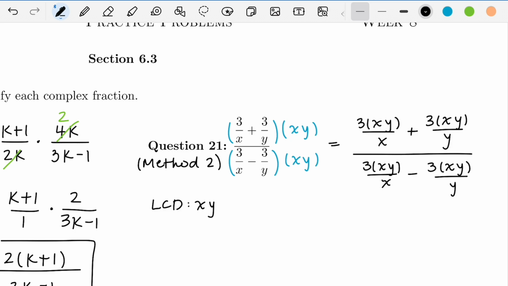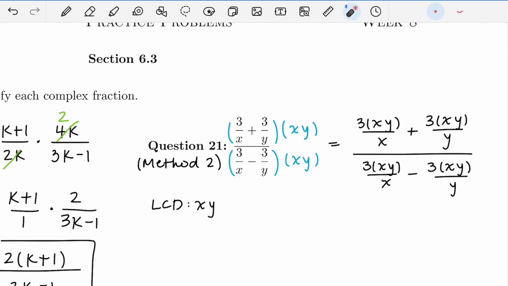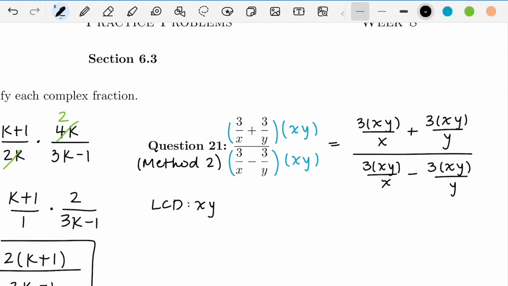So the whole reason why we're multiplying by the LCD is because it'll allow us to cancel some things, and then this complex fraction is going to end up being a little less complicated. So notice in our numerator here, these x's cancel and these y's cancel. So our numerator is just going to become 3 times y plus 3 times x.